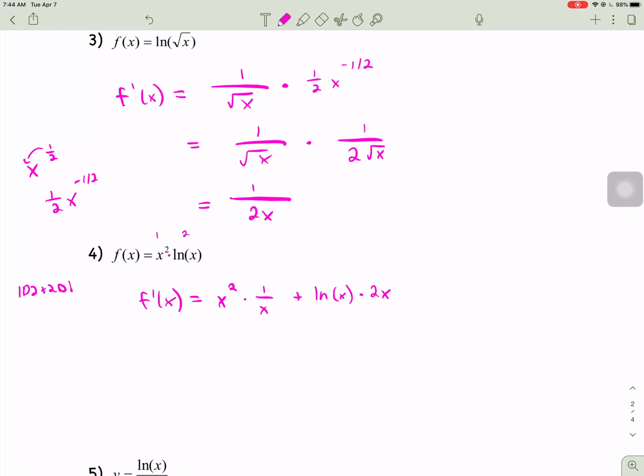You want to rewrite this? We can. We get x squared over x plus 2x ln x, which still can simplify a little further, x plus 2x ln x.